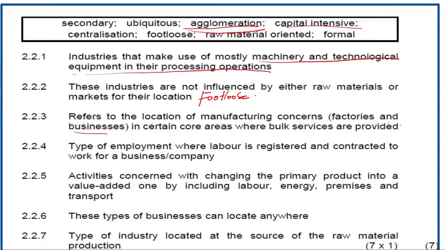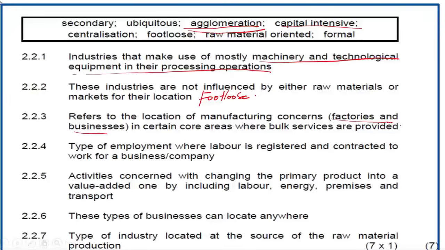They can be together. For example, your IDZ can be your agglomeration because it's an industrial development zone. That is your purpose-built industrial estate, which means that estate is for the industries. So your IDZ is an example of agglomeration.